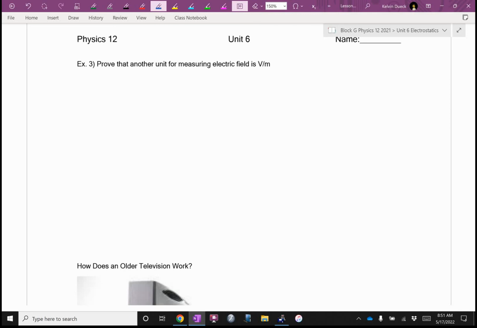I can do that. Volts per meter. What was a volt defined as from that little energy equation? It must be joules per coulomb. So I can write this as joules per coulomb per meter.